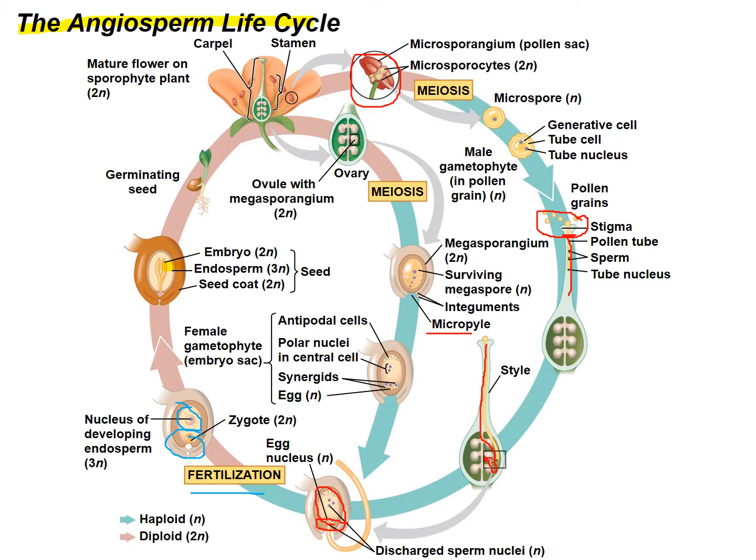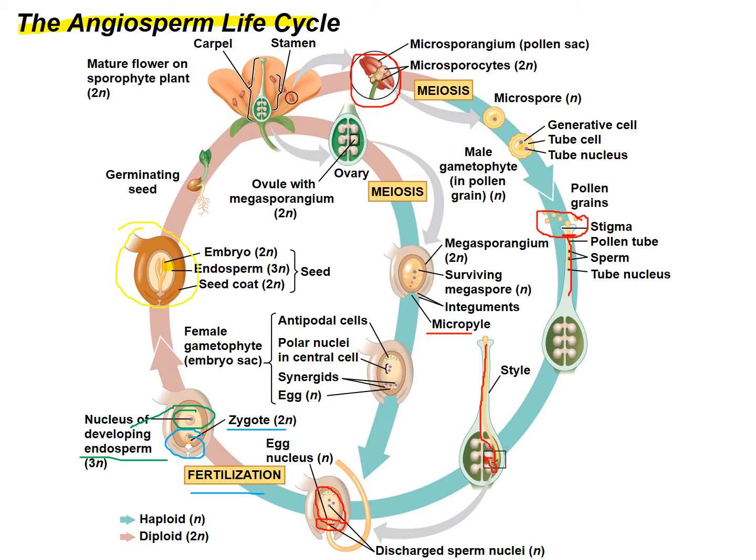This is the first cell of the embryo. The other sperm nucleus fuses with the two nuclei in the embryo sac's central cell to form triploid 3N endosperm tissue. After double fertilization, the ovule matures into a seed.